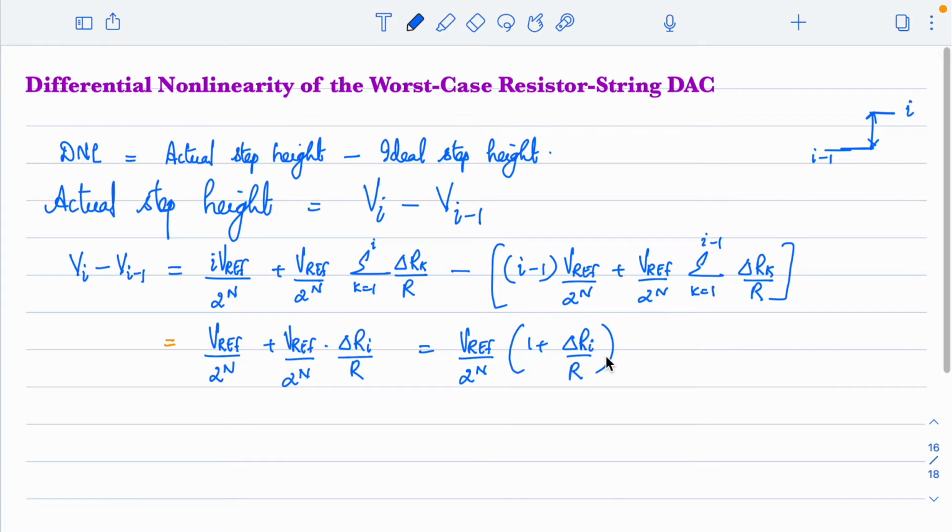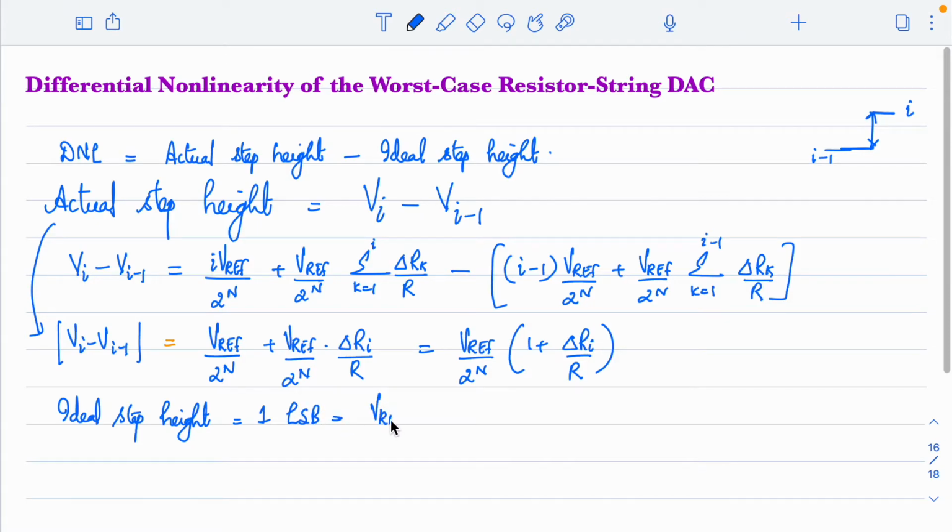Yes. Now this is Vi minus 1, and this is the actual step height calculation. Now what is the ideal step height? Ideal step height is equal to 1 LSB, which is equal to Vref divided by 2 to the power of n, right?